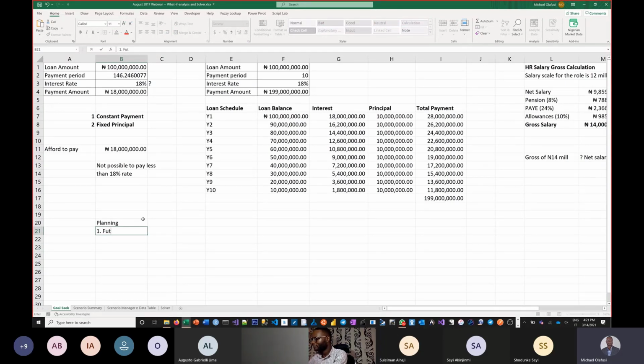Have you seen someone who is planning for the past? No, we plan for the future. Planning for the future automatically means that there will always be some level of uncertainty, right? So how do you handle the uncertainty? That's what I want to show you, some tools that Excel has in place.